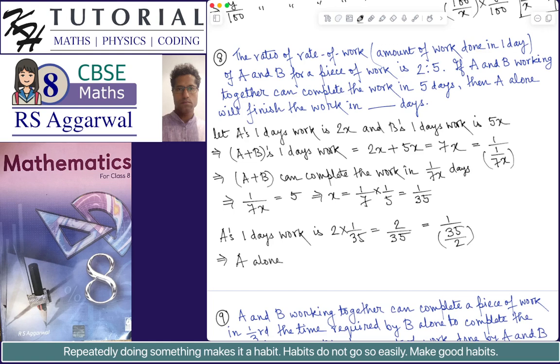So if A's 1 day's work is 1 by 35 by 2, we can say that A alone, using the second rule, can complete the work in 35 by 2 days, because we know the second rule says that if A's 1 day's work is 1 by N, then A alone can complete the work in N days.